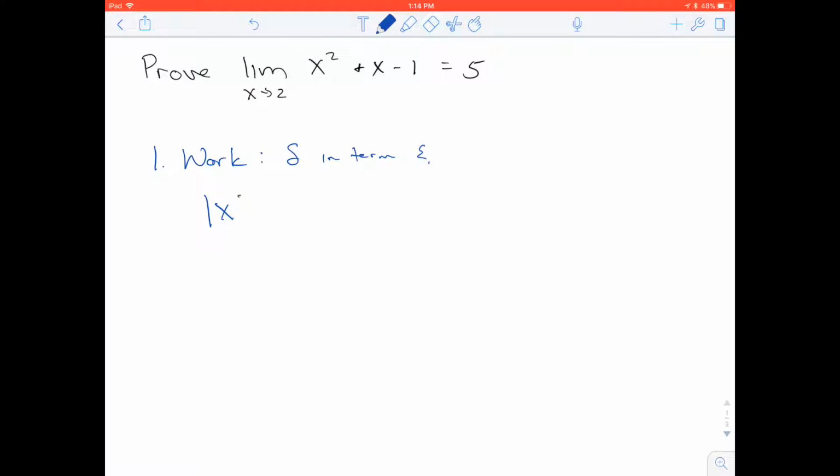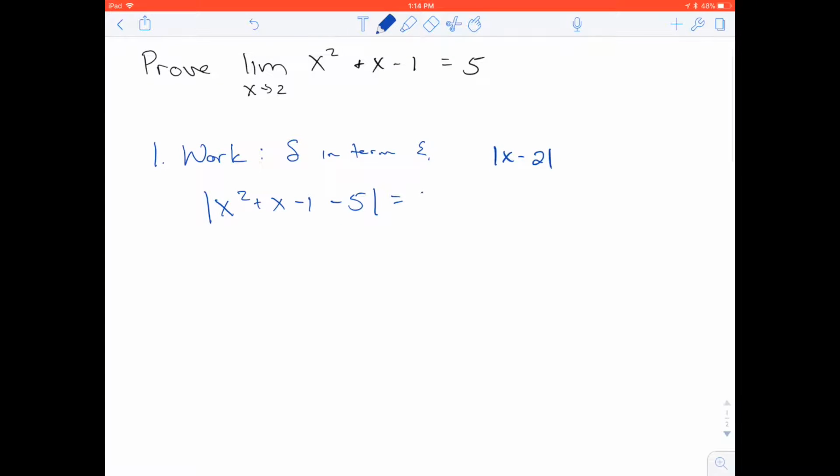So again, we're going to use our f of x, so x squared plus x minus 1, minus our limit, 5. And again, we want to get it so we have our x minus a, which in this case is x minus 2. So we get x squared plus x minus 6, which can factor to x plus 3, x minus 2.